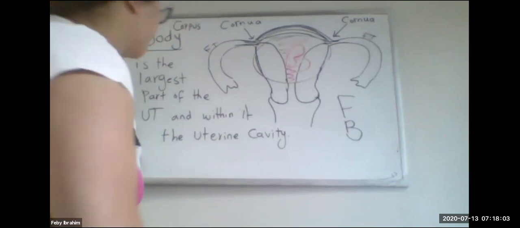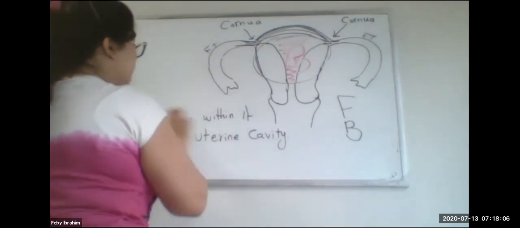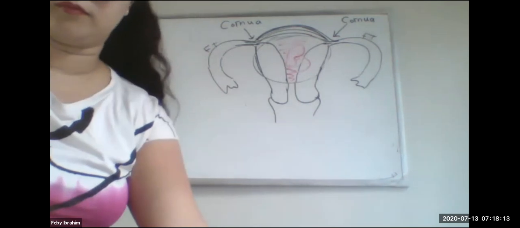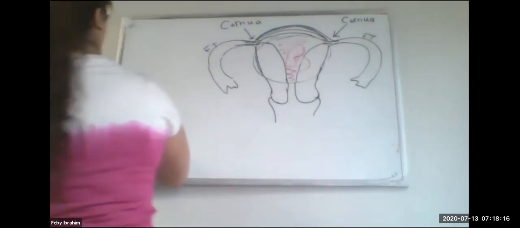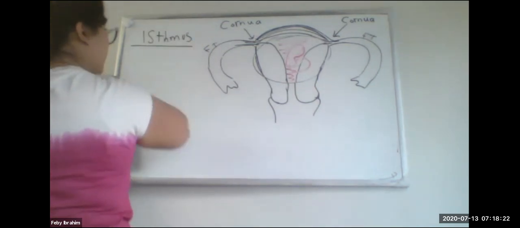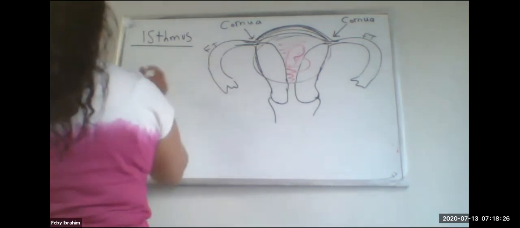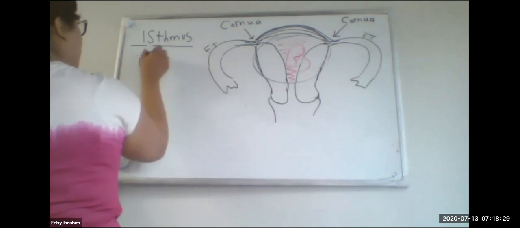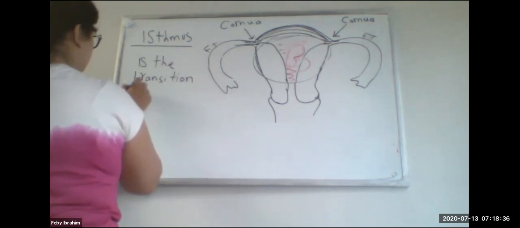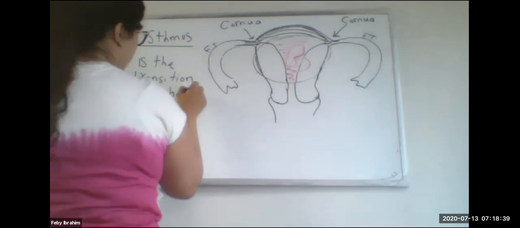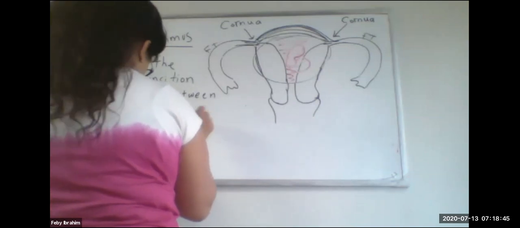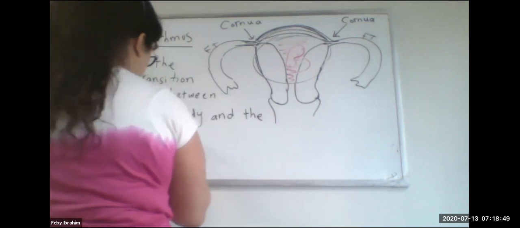What is the isthmus? So it's the transition point between the body and the cervix.